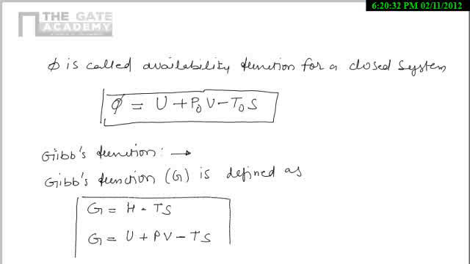This one is the Gibbs function. Remember this. Sometimes in objective questions they can directly ask about the functions. It may be the availability function for open system, the availability function for closed system, or the Gibbs function. Now I will talk about irreversibility.